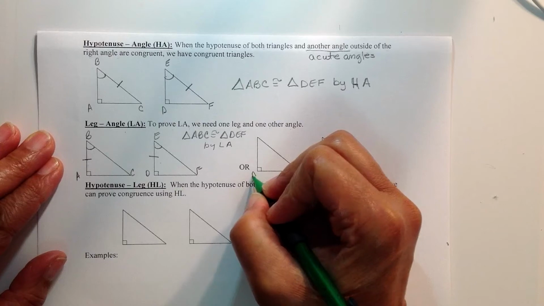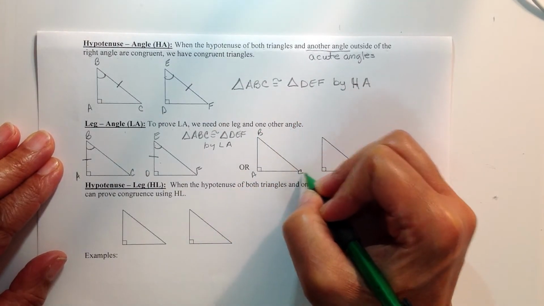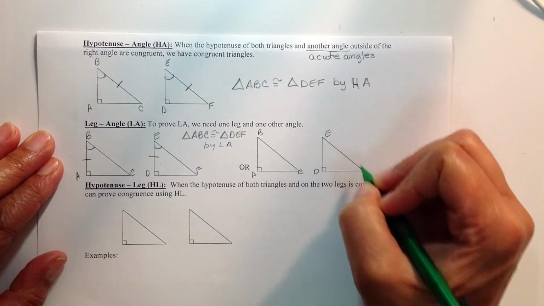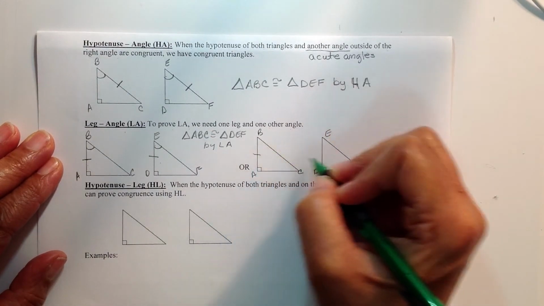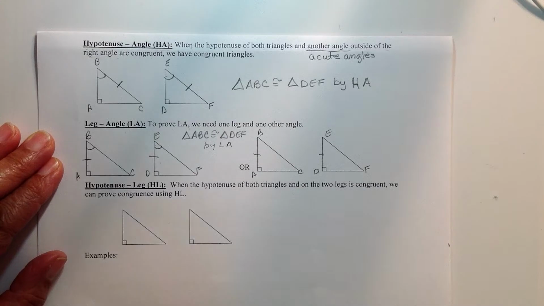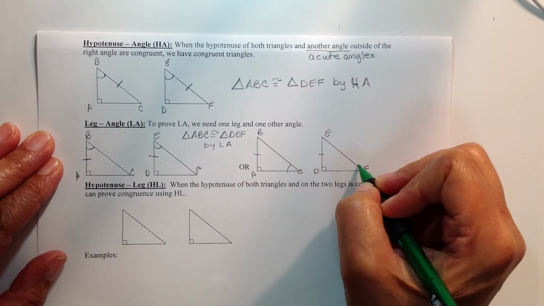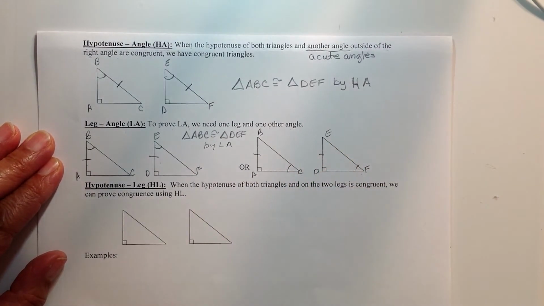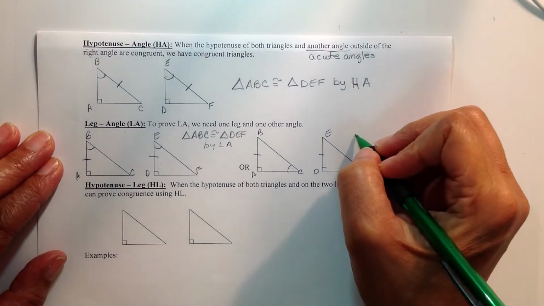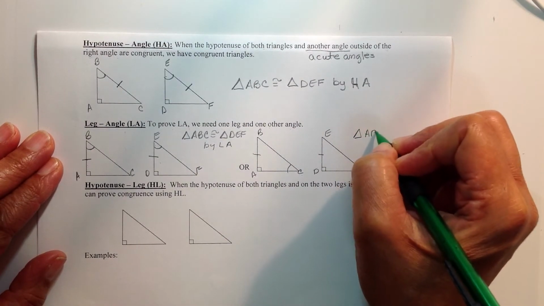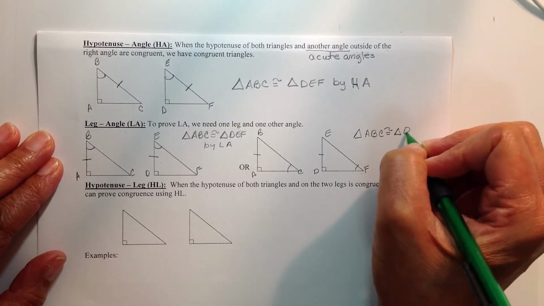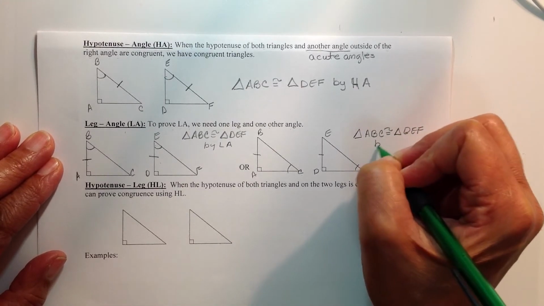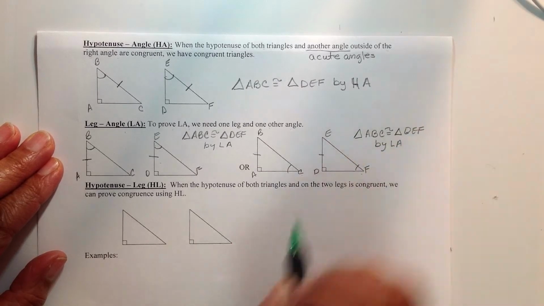Or we can say, here we have DEF, and let's say the same leg is congruent, but the other acute angles, C and F, are congruent. We can still say that triangle ABC is congruent to triangle DEF by leg-angle.